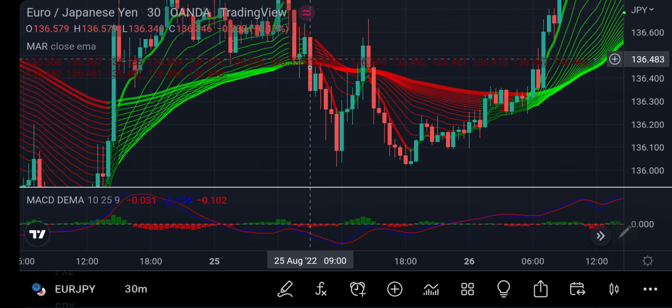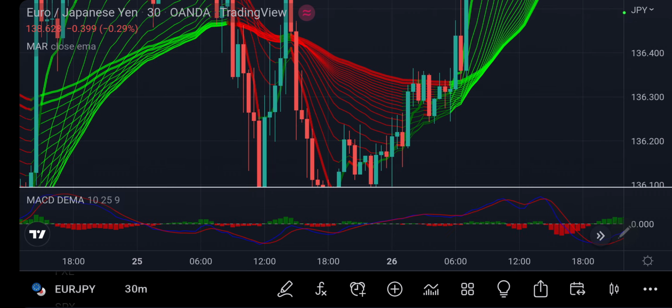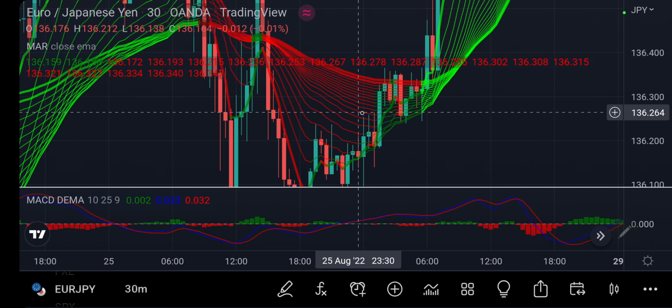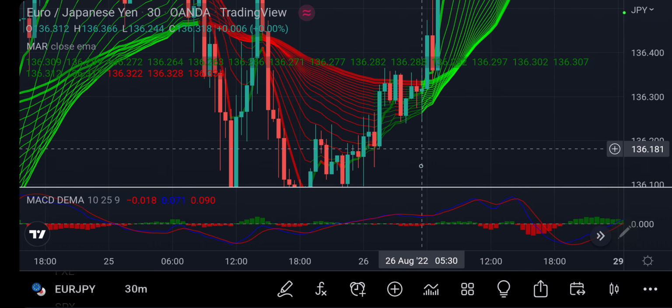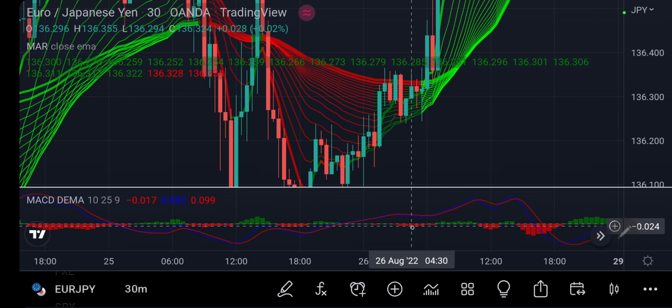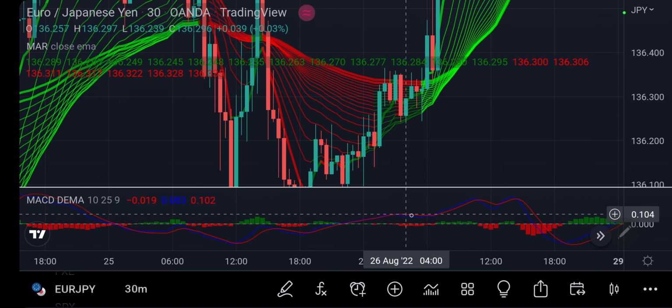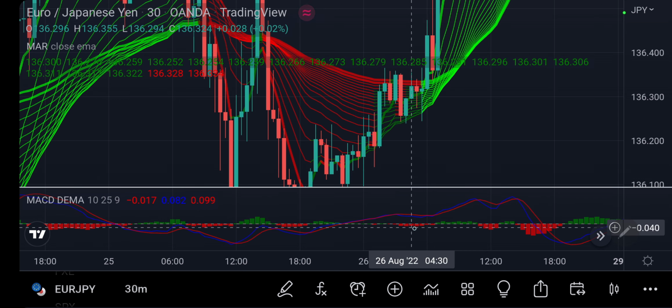So here again we are going to see, whenever the ribbon of the moving averages becomes green, we don't have to take the trades, okay. Instead, we have to wait for these bars. You can see here these bars are still red, so we're not going to take the trade. We just wait for the green bars.